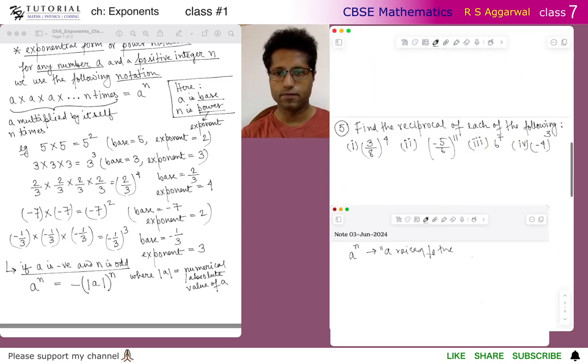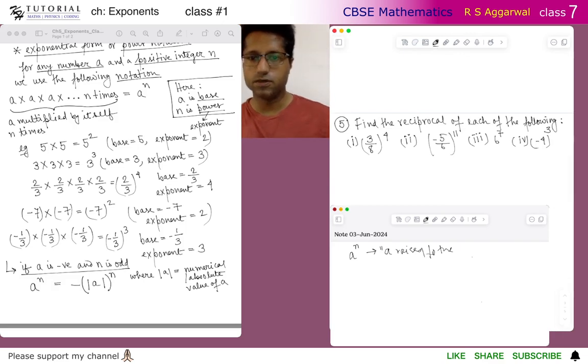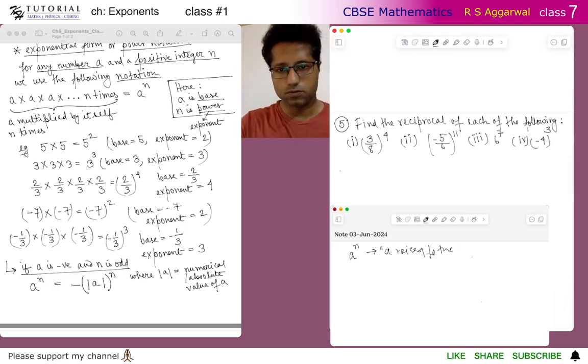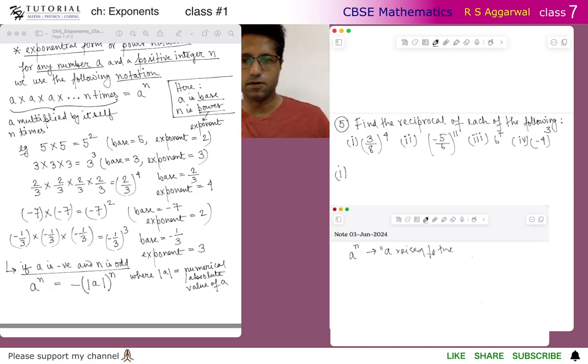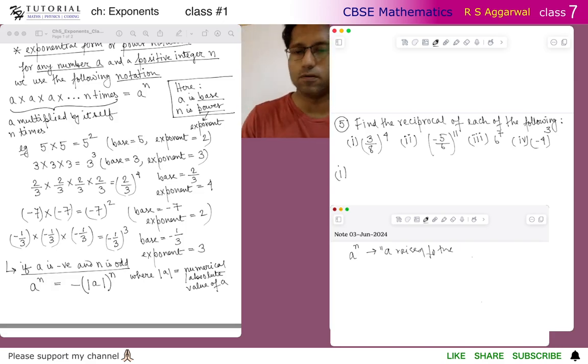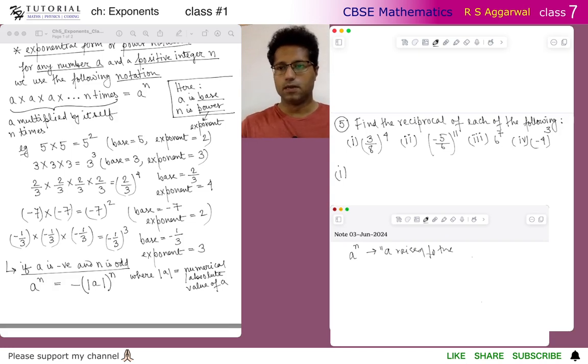Question number 5, find the reciprocal of each of the following. We can see that all the numbers given are in exponential form because they have a power. That is, they are rational numbers raised to some power.